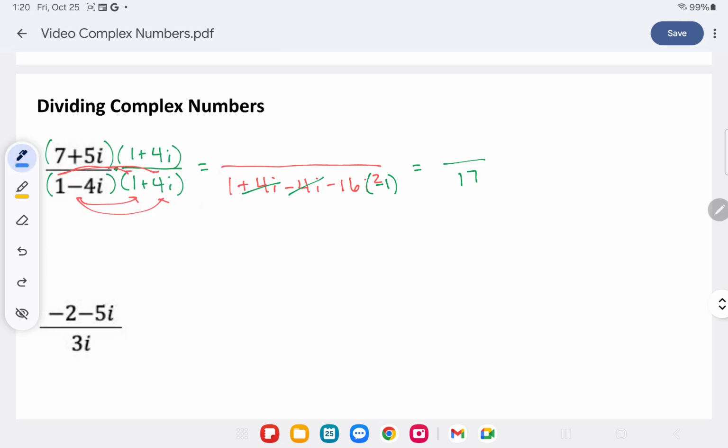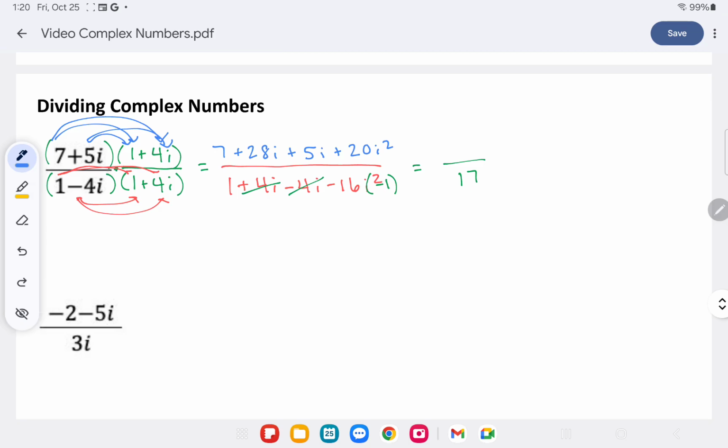In the numerator, our imaginary components will not disappear since we're not multiplying by the conjugate of the numerator, but that's okay. It's okay to have imaginary numbers in your numerator. We just don't want them in the denominator, just like irrational numbers. Just a rule someone came up with.